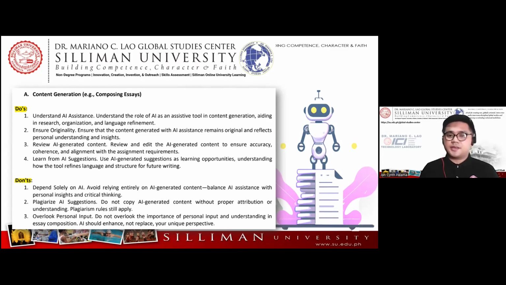Because AI, right? What will happen if we're too over-reliant on AI? That replaces our unique understanding, that replaces our unique knowledge, because we're too dependent, we're too over-reliant. So do not depend solely on AI. Balance.